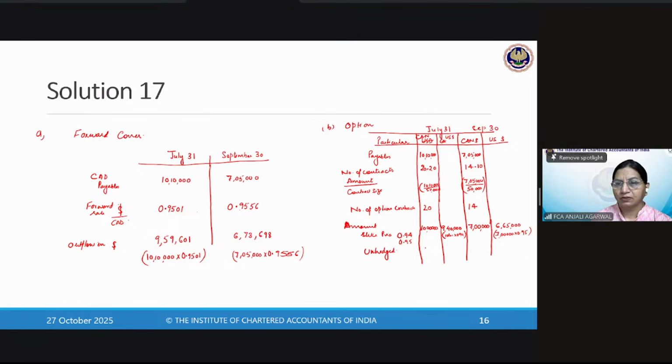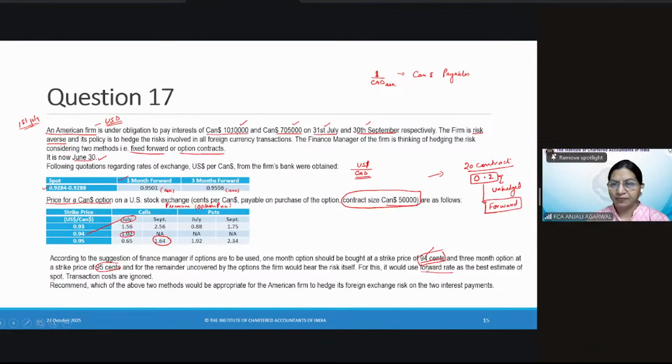How much is the unhedged portion here? 10,000. And here? 5,000. Now, what is mentioned in the question very specifically is that you would use the forward rate as the best estimate of the spot. So in July, the unhedged portion would be covered at 0.950.